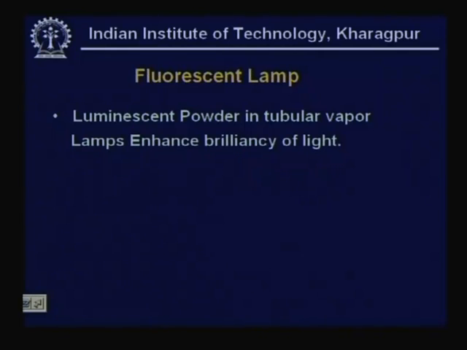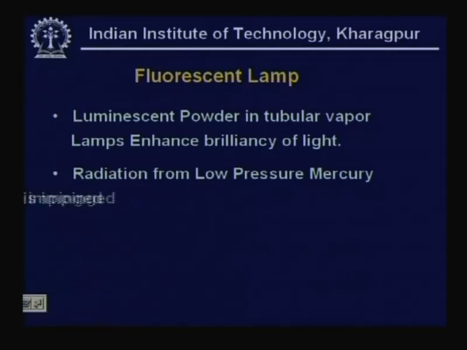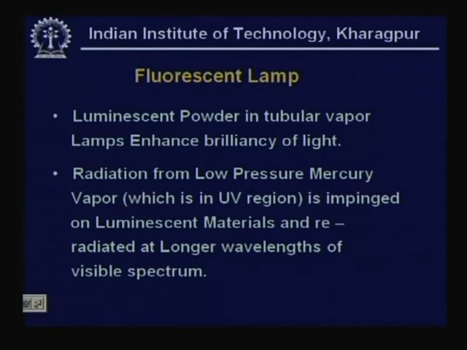Let us see. If you have a luminescent powder provided in the tubular vapor lamps, it in fact improves brilliancy of light. That is what we found for the mercury vapor lamps, we did mention. So, what we do is take a low pressure mercury vapor lamp, whose radiation is predominantly in ultraviolet region. It is allowed to impinge on luminescent materials.